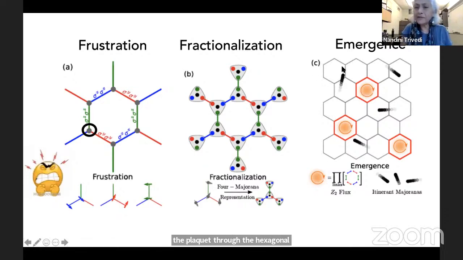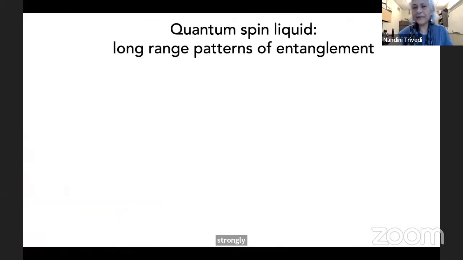And another part of the fractionalized spin becomes itinerant. It starts moving around. So to begin with, the qubits were completely localized on the vertices of this hexagon. But after fractionalizing, we have created new degrees of freedom, the fluxes and these itinerant fermions. So that's a very interesting picture of how a strongly correlated system re-emerges with new degrees of freedom.